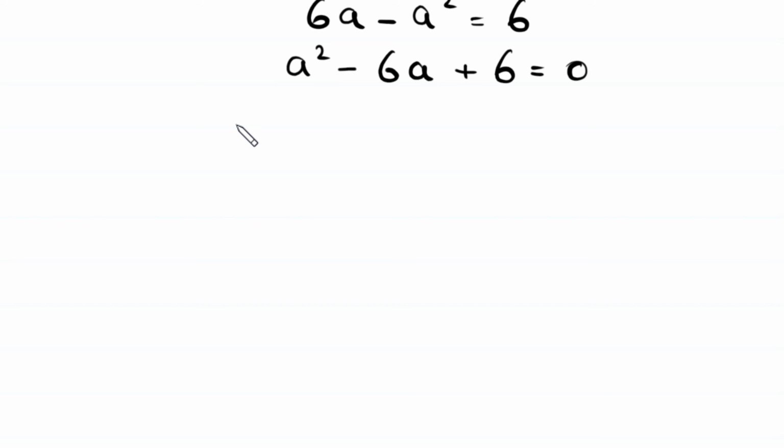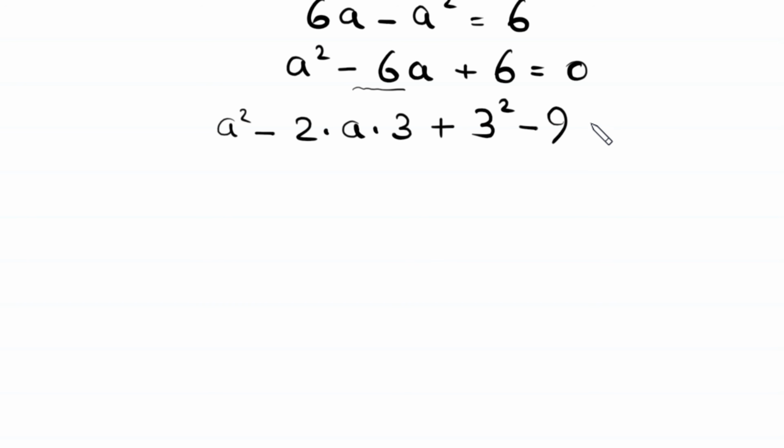We write this a squared. Break this negative 6 times a as negative 2 times a times 3. It means that to complete the square we add here 3 squared, 9, and this plus 6 remains the same, equal to 0.